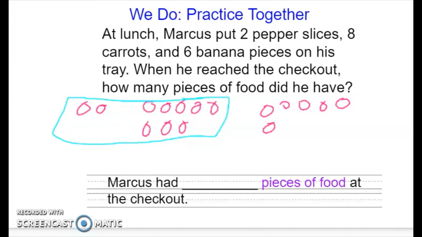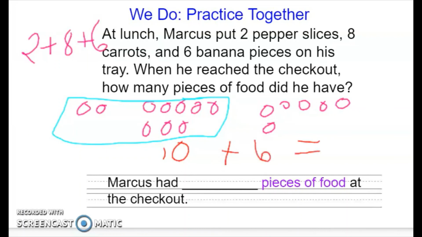Now, we see that our number sentence has changed from 2 plus 8 plus 6 to 10 plus 6, which we know equals what?